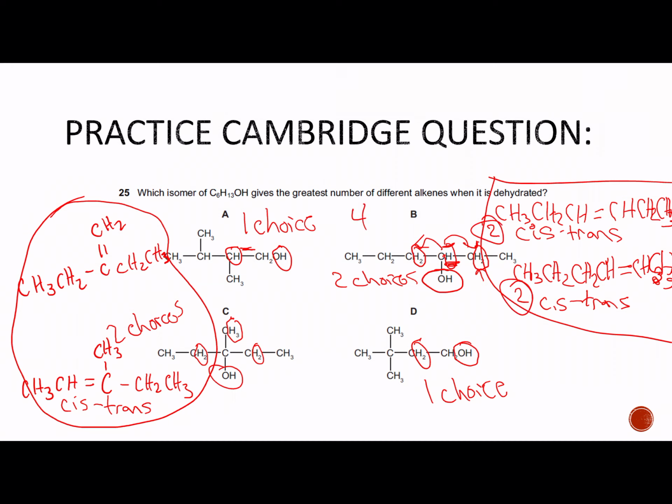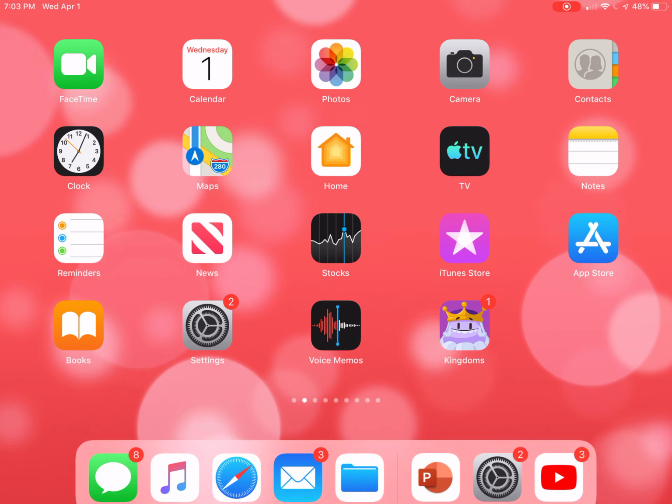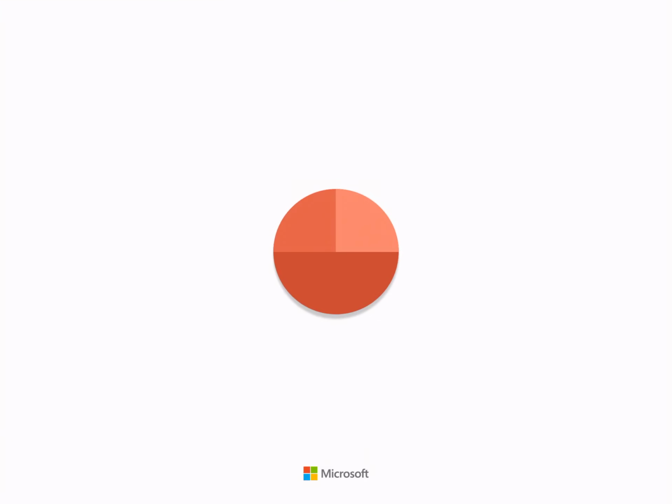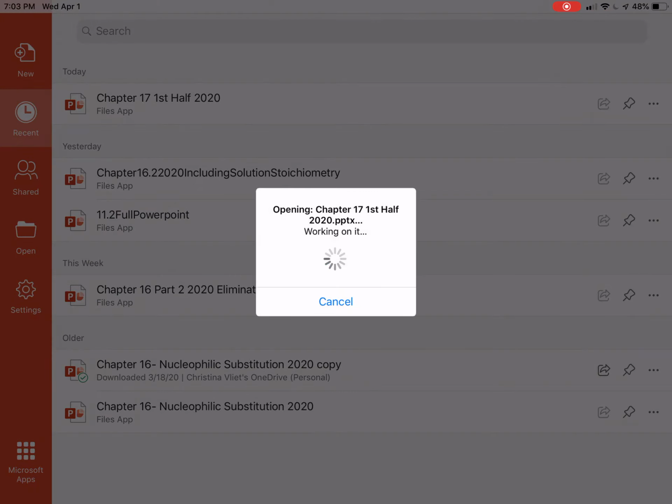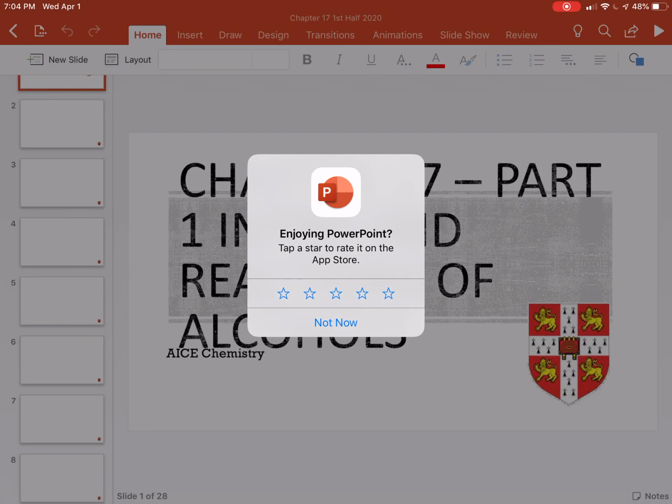So you actually have 4 different alkenes when we include the stereoisomers here. Whereas here we don't have cis-trans. There's no cis-trans because there's 2 hydrogens on the carbon on this side of the double bond. And if I were to expand that, 2 hydrogens cannot swap places with each other. So therefore no cis-trans isomer would be there.